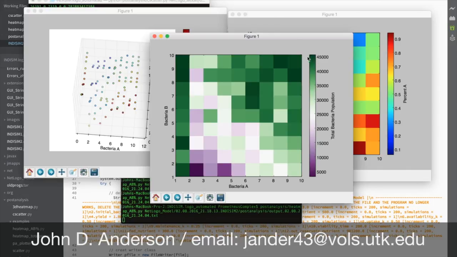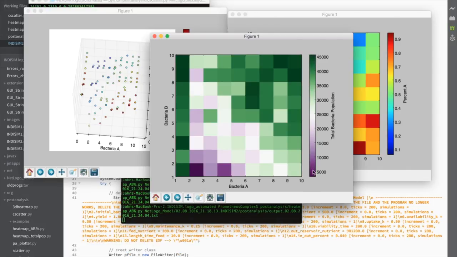So green is of course the highest, deep purple is the lowest. And so this just gives you an idea of that population, that value, without having to determine it from a three-dimensional space. You can just look at these colors. It's a little bit easier to see that data.